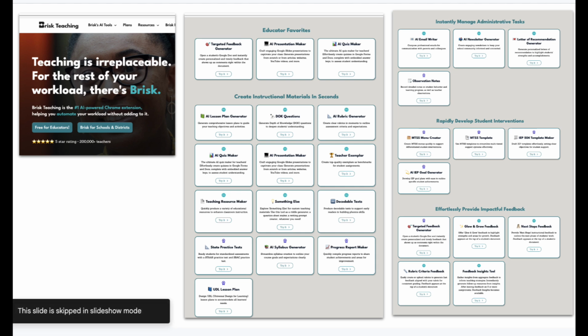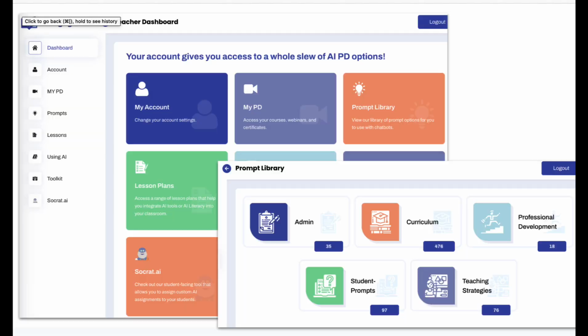Brisk Teaching is another one that works with Chrome in the browser. From your browser, it interacts with Chrome, you can do all sorts of building of instructional materials. If you're an educator, you must play with these things.